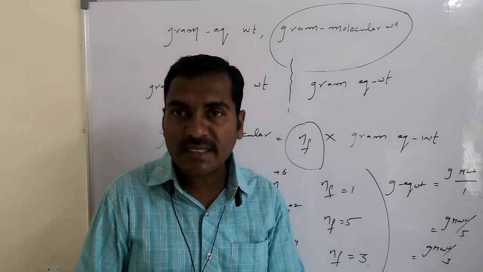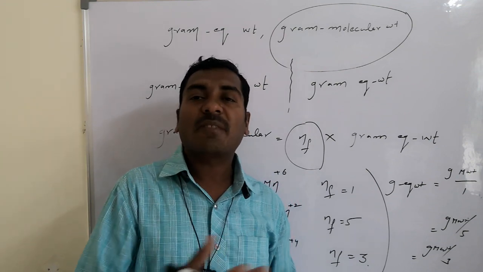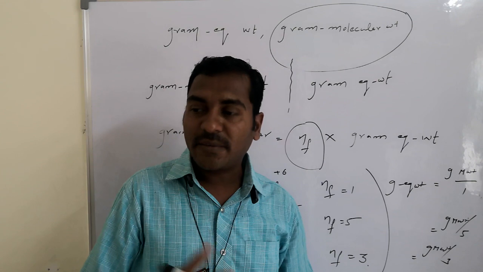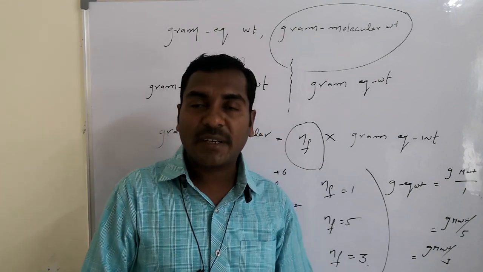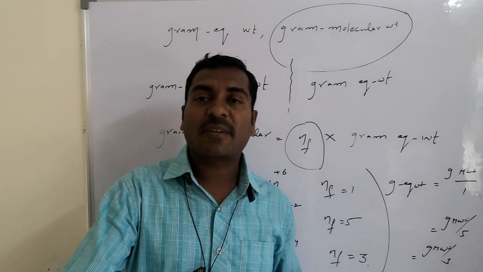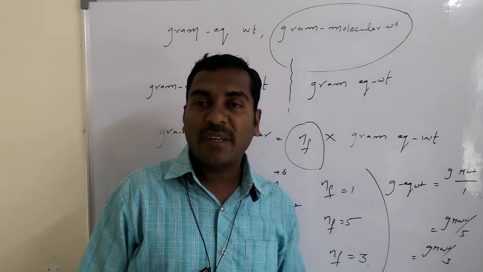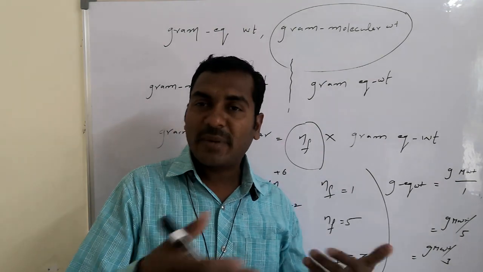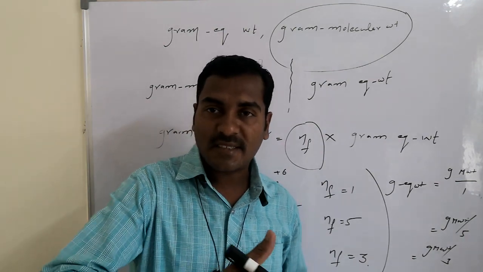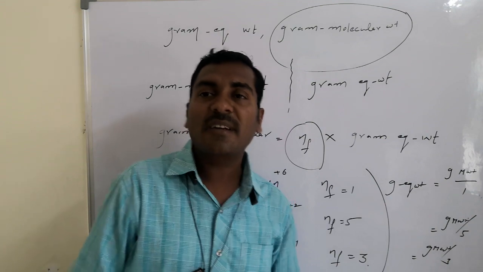As n factor changes, the corresponding gram equivalent weight also varies. We never say as a rule that the gram equivalent weight of every substance in every reaction, irrespective of medium, remains the same and constant; that is not valid. It may vary depending on reaction conditions like medium: acidic, basic, neutral, etc.